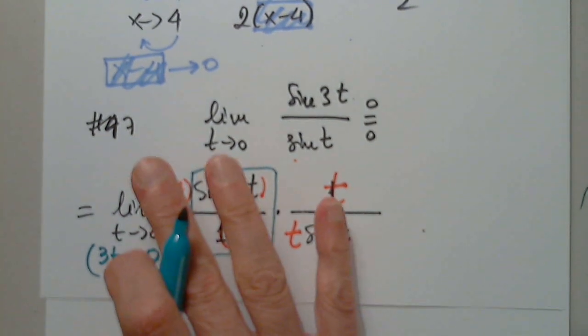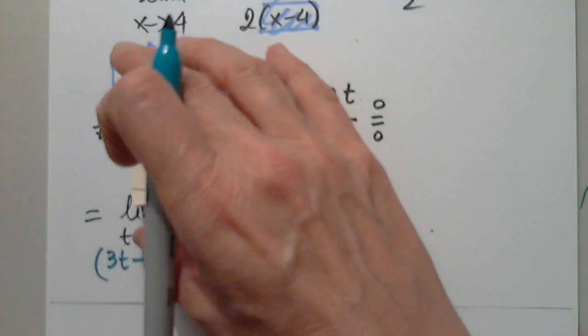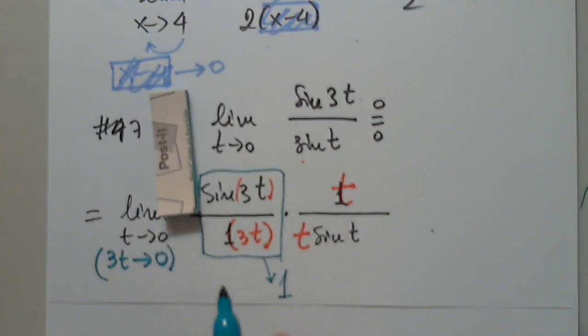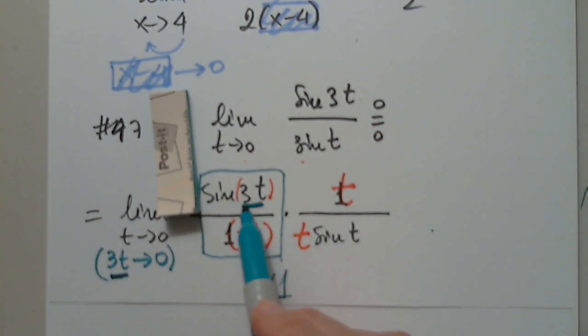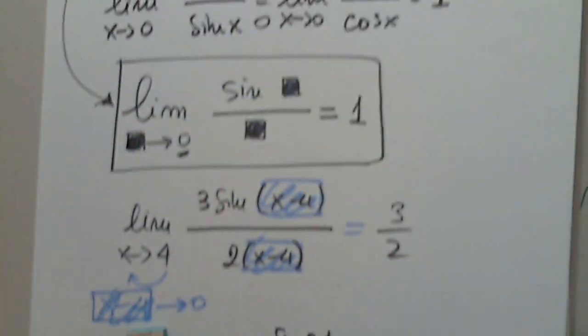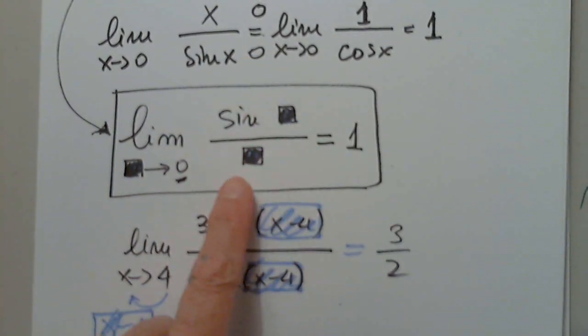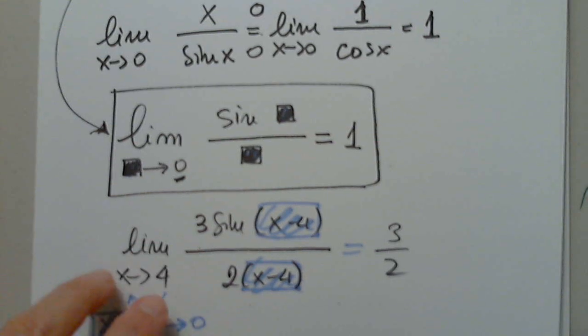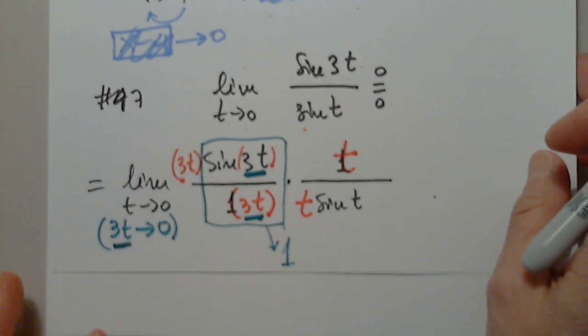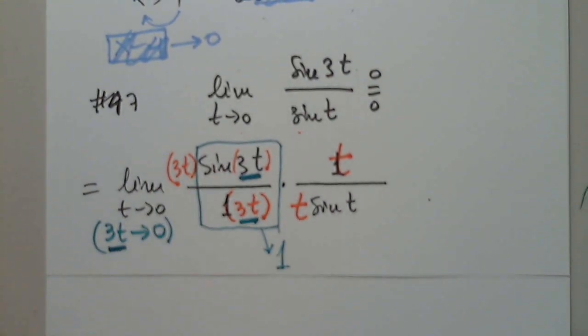Yes, leave that alone, we haven't talked about that. Only this. So I have the 3t, and going to 1. Yes, I have the 3t, and I have the 3t. This is required, 3t, 3t, 3t, to get the 1. Awesome. You're way ahead of me. So this is gone.